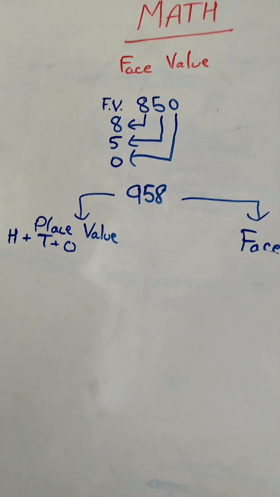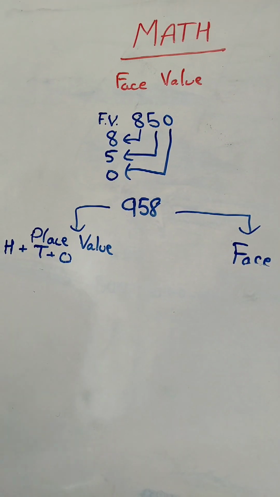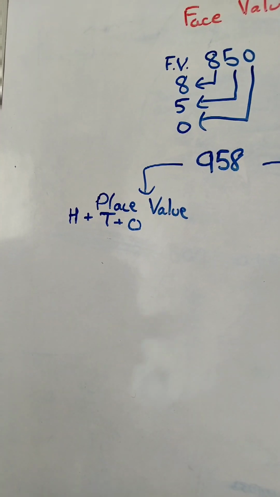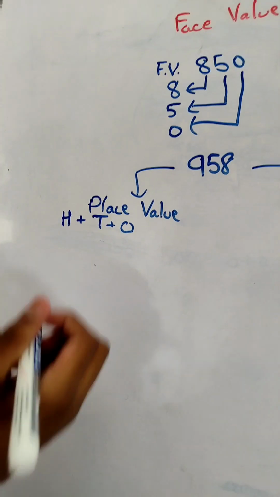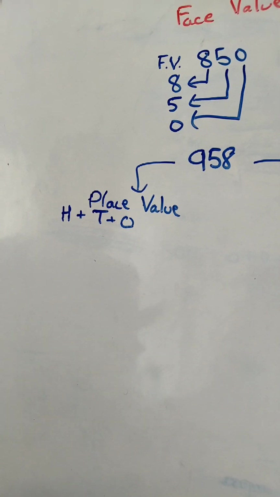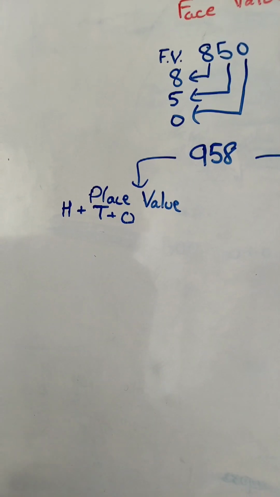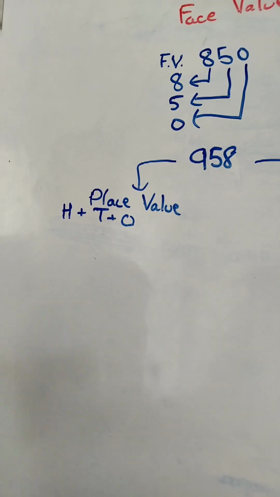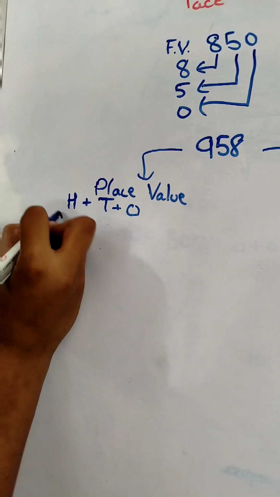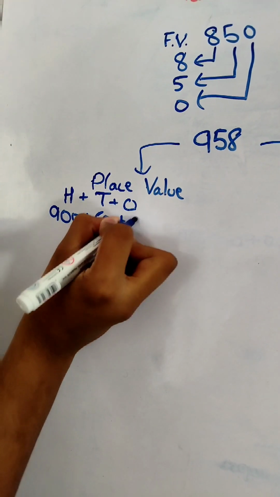Another example that we take will be 958. So 958 in place value, as we've learned. Pause the video and try this on your own. Alright, if you have solved it, then check your answer now. The place value would be written as 900 plus 50 plus 8.